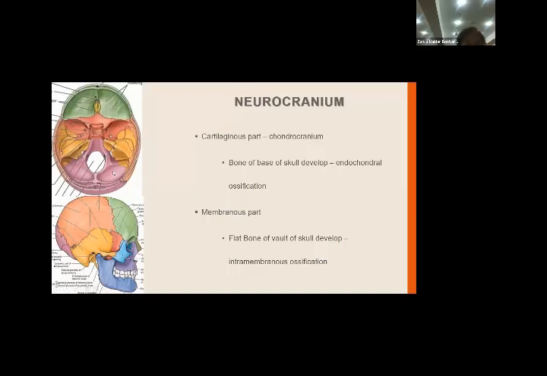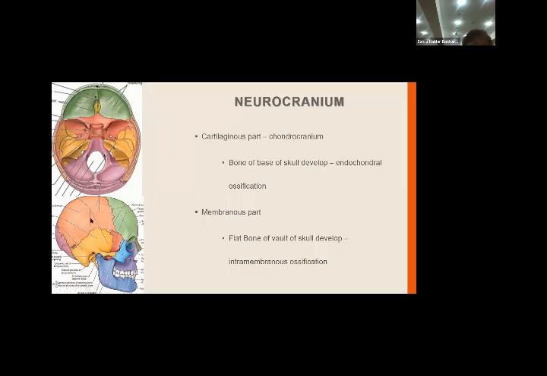So I am talking about this part of the skull. Okay? Bones of the base of the skull develop in cartilage. Therefore, it is called chondrocranium. Chondro means cartilage, chondrocranium, because they develop in cartilage. First, cartilaginous model is formed, and then ossification takes place in this cartilaginous model.